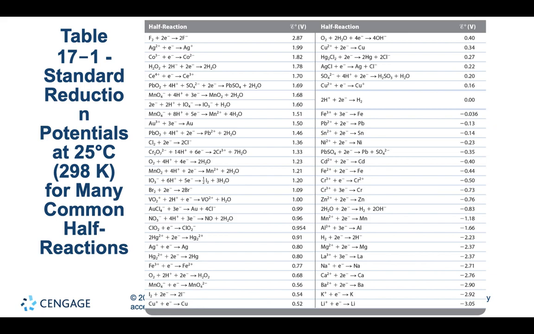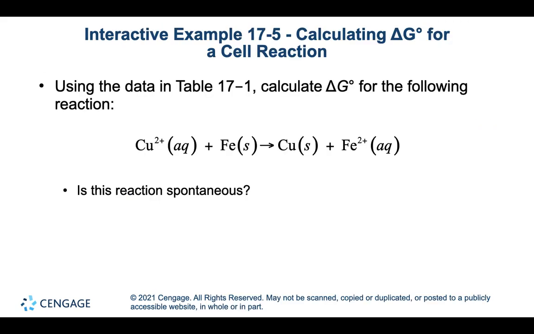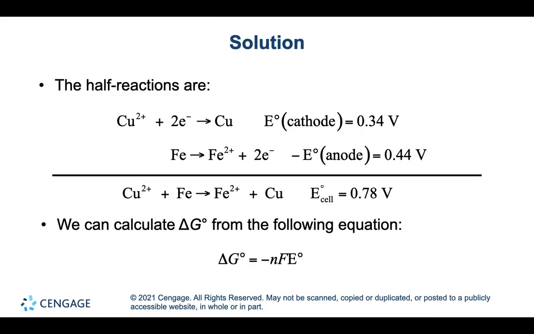So subtract a negative means to add, 0.34 plus 0.44, so 0.78 volts. So here's a slide that goes over what I just talked about, the voltage.